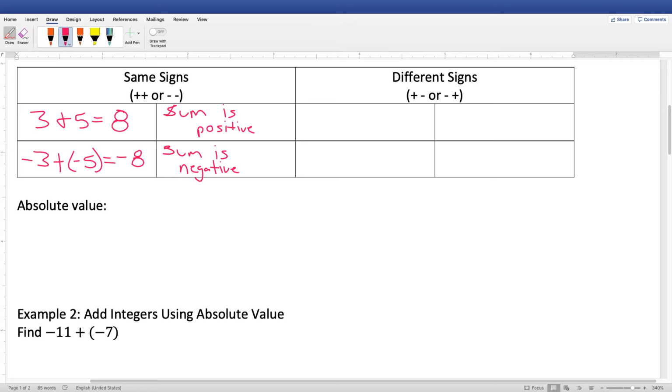Now, before we move on and talk about signs that are being different, we needed to define an absolute value. Anybody know what absolute value is?